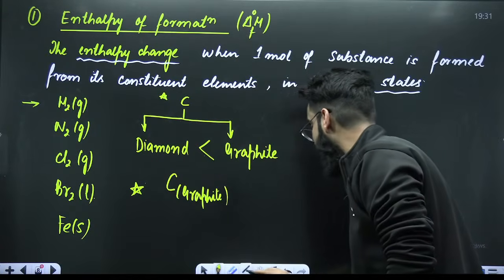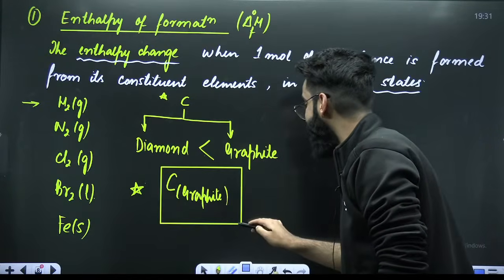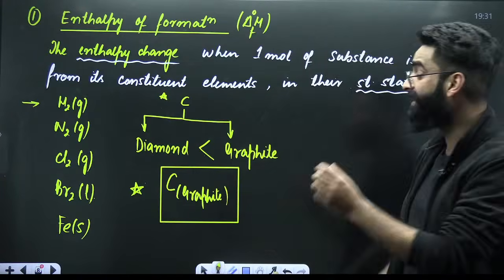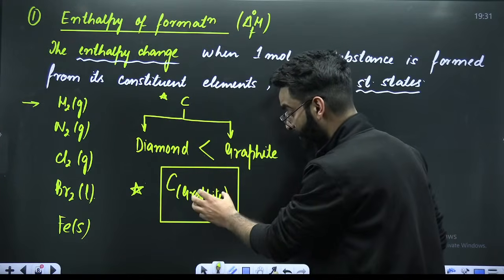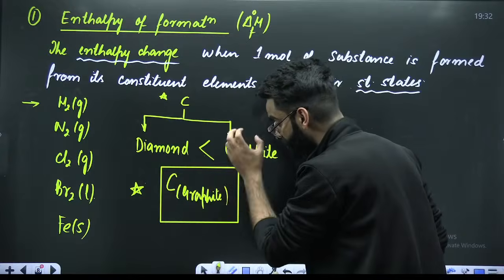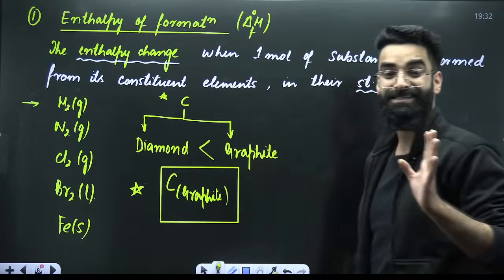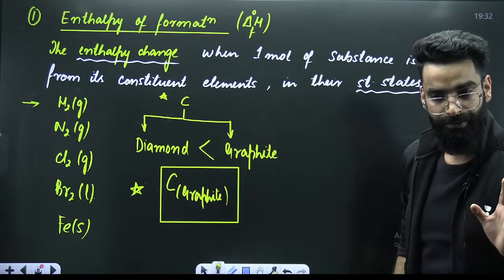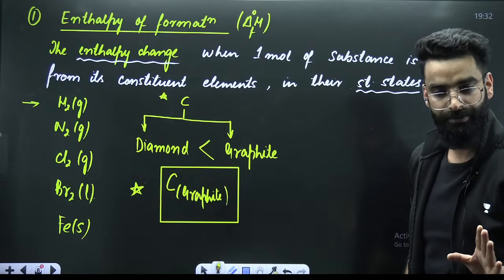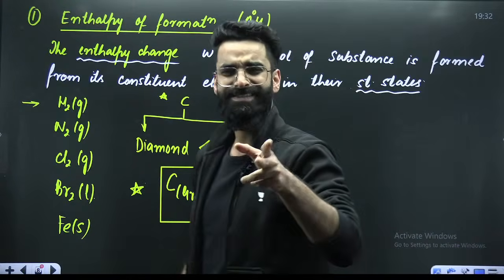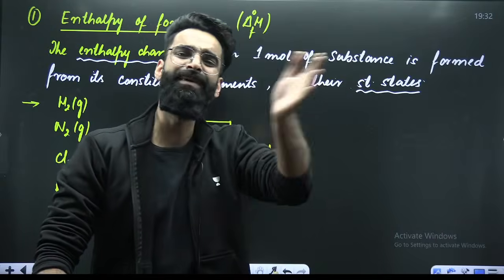Why? Because graphite is thermodynamically more stable, and that allotrope of the element which is thermodynamically more stable is considered to be the standard state of the element. So first thing, the standard state is that state in which the element exists in nature.